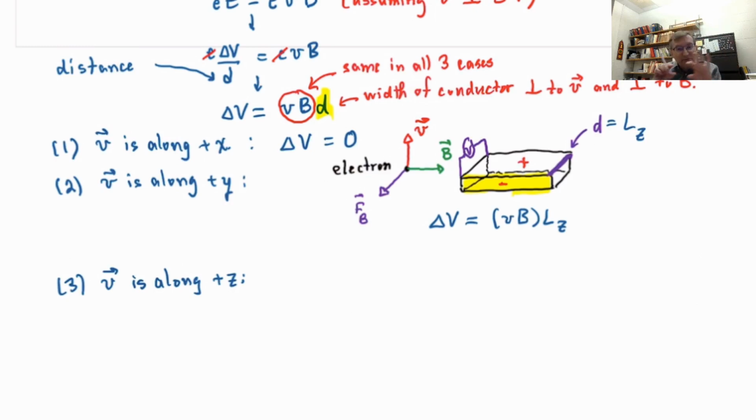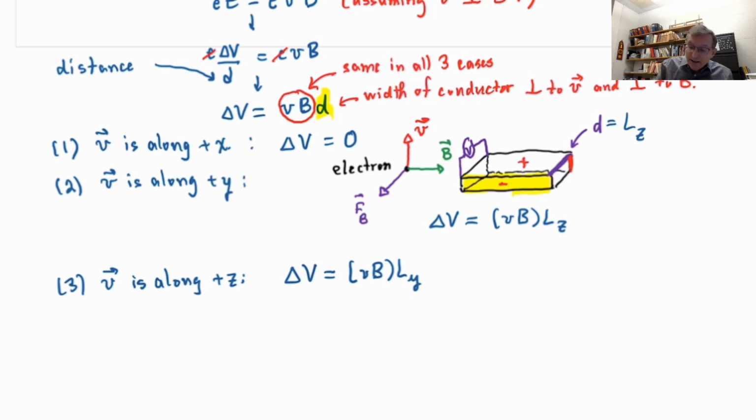And that will tell you what face of the block ends up with an excess of negative charge, and what face of the block ends up with an excess of positive charge. And then you know what distance to use, because it's the distance between those two faces. And what you should end up being able to convince yourself of is that the formula for calculating the Hall voltage is little v times B, and the appropriate distance is Ly, which is this short distance right here.